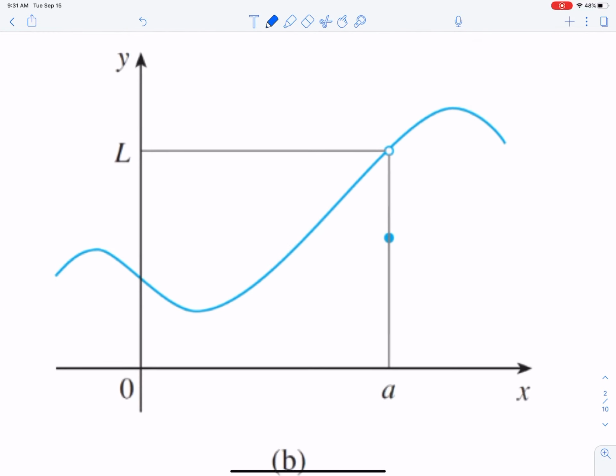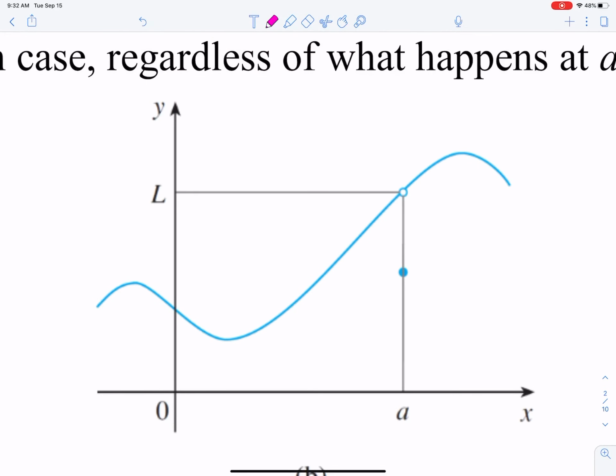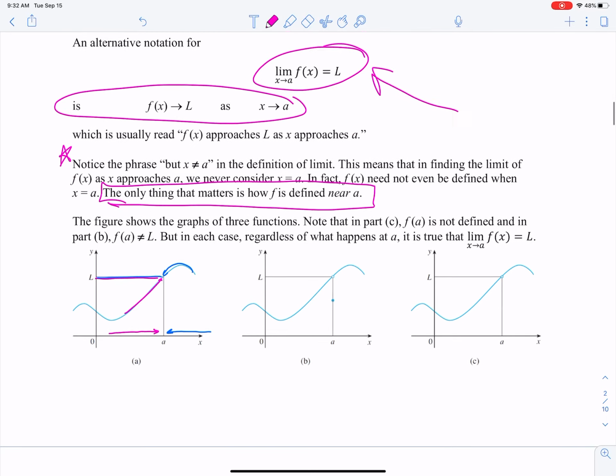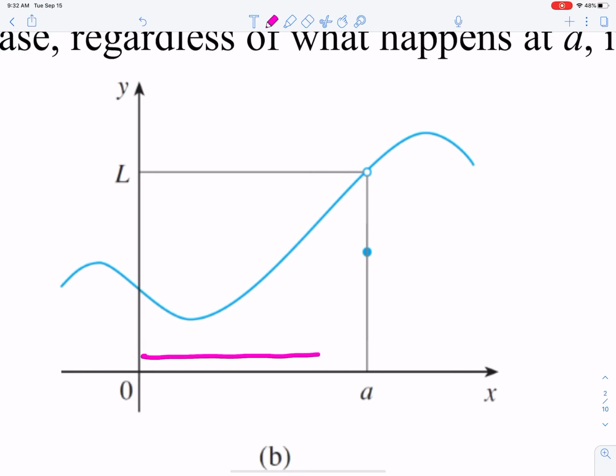So here's one. This is where students start getting a little bit confused. But again, let's look at it. And it's important that we remember how your function is defined near that x equals a value, not at that value. Okay? All right, so coming in from the left, approaching x equals a, we follow our function, right?